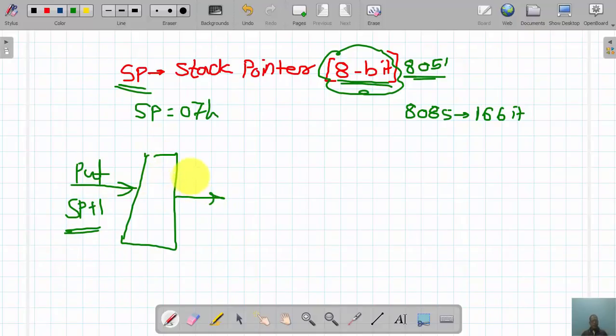And when we retrieve data, that is the output operation, the content of the stack pointer gets decremented by 1. This is the most important thing that happens in the 8051 microcontroller. These are the basic registers which are used for programming purposes in the 8051 microcontroller.